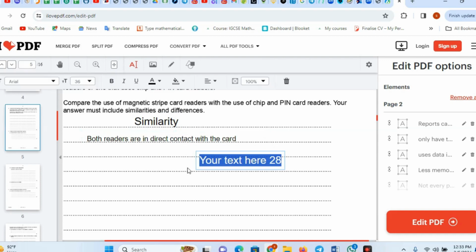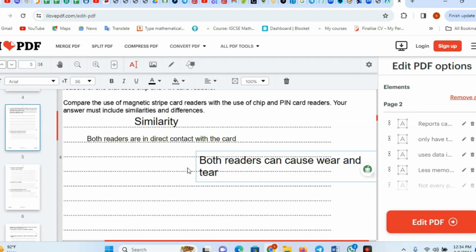Two, both readers can cause wear and tear. You all know what we call wear and tear. You've done it in science, or friction, all right?